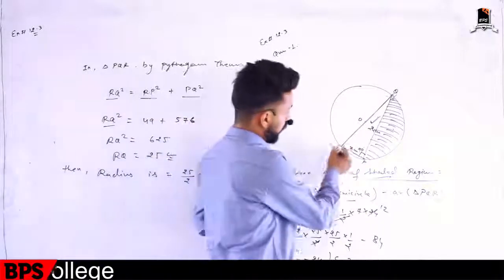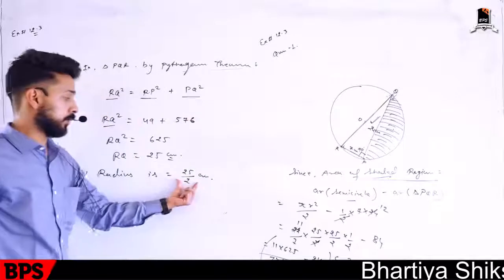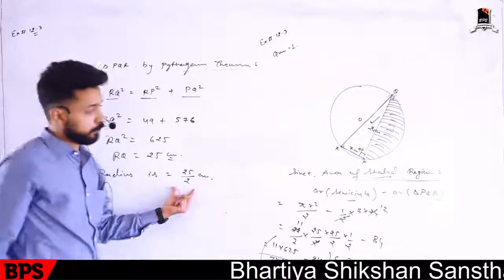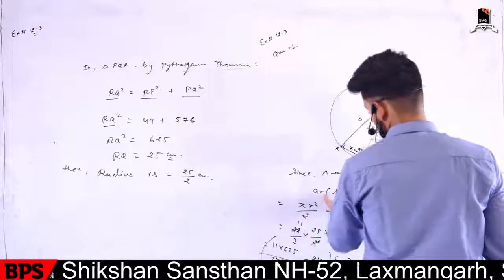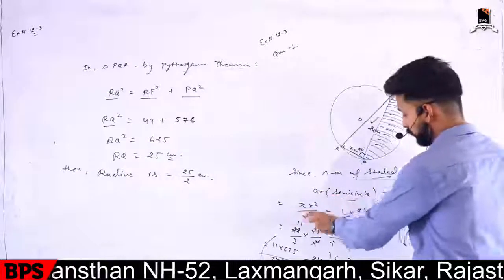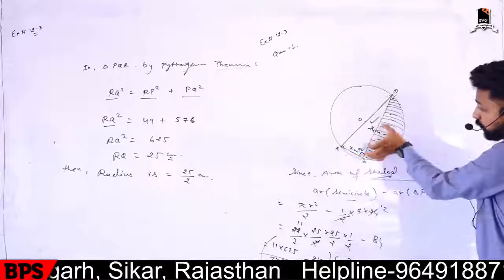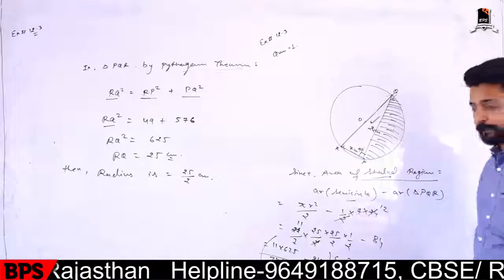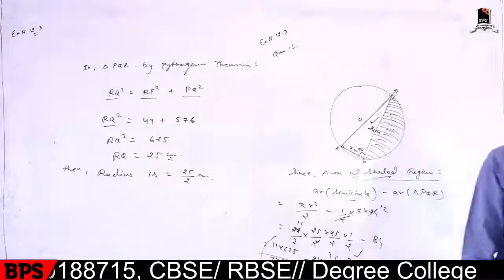RQ is a diameter of circle, so radius is 25 by 2. Now area of shaded region is pi r square by 2 minus area of triangle PQR, 1 upon 2 base into perpendicular height 24. Then you have to calculate that.